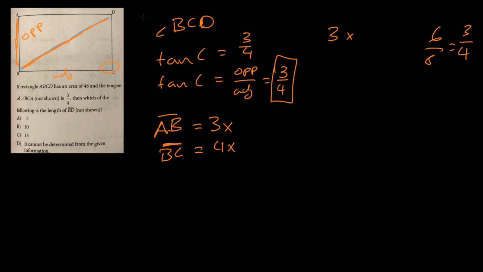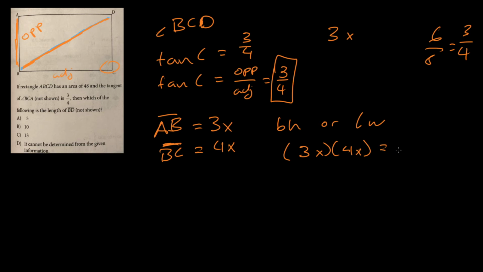And if you recall in the question, they said that the rectangle has an area of 48, and we know that the area of a rectangle is base times height, or length times width. So we have the base and the height, and it's 3x and 4x.